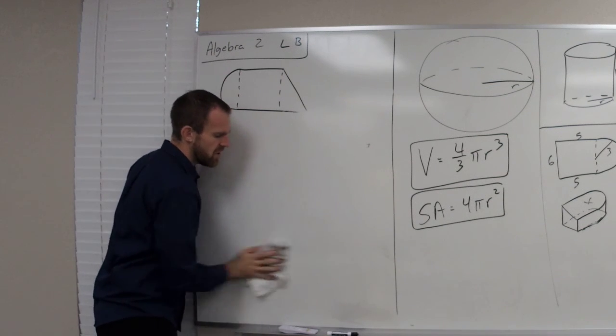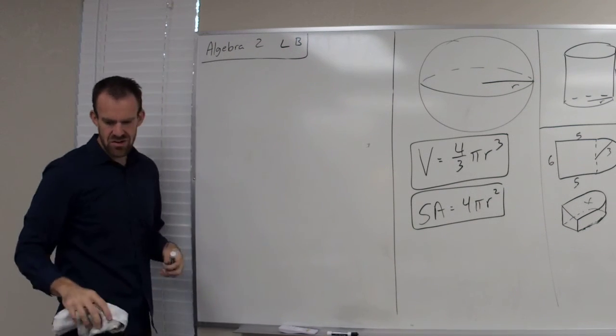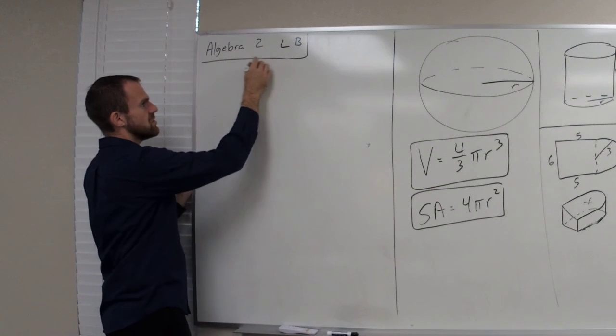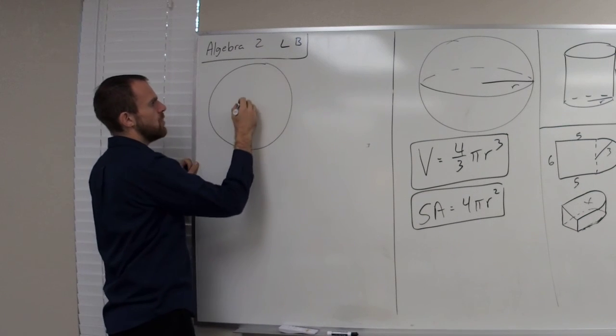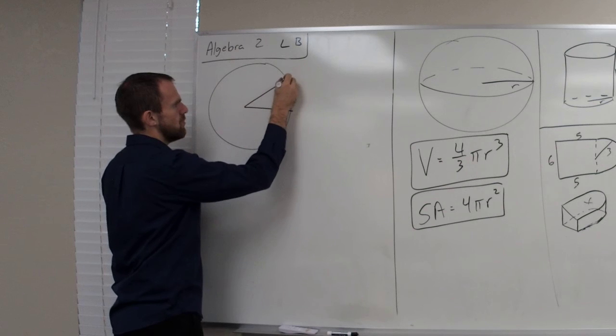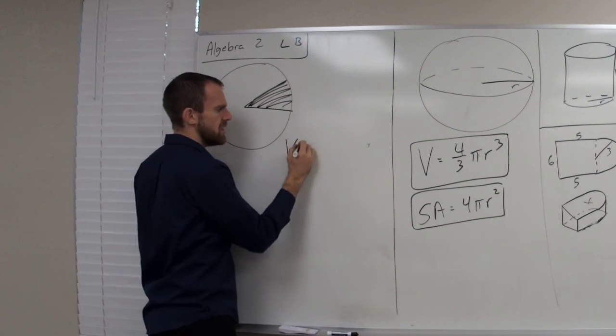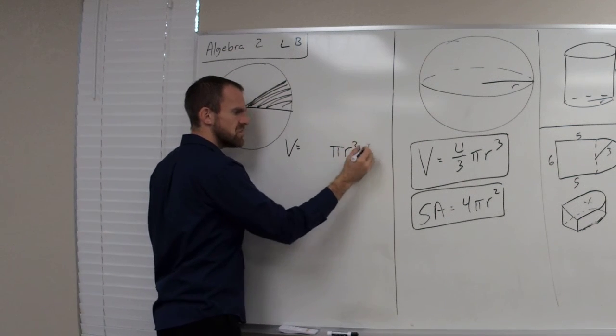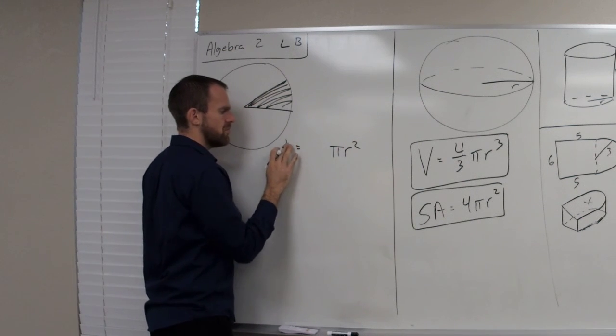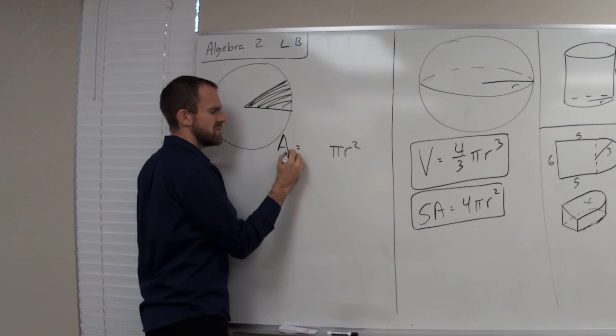How do I find the area of a sector of a circle? So, if this is a circle, and I wanted this piece of the circle, and I wanted to find the area of that, the equation for that is, well, if I had the whole circle, wow, not volume, area of a sector.